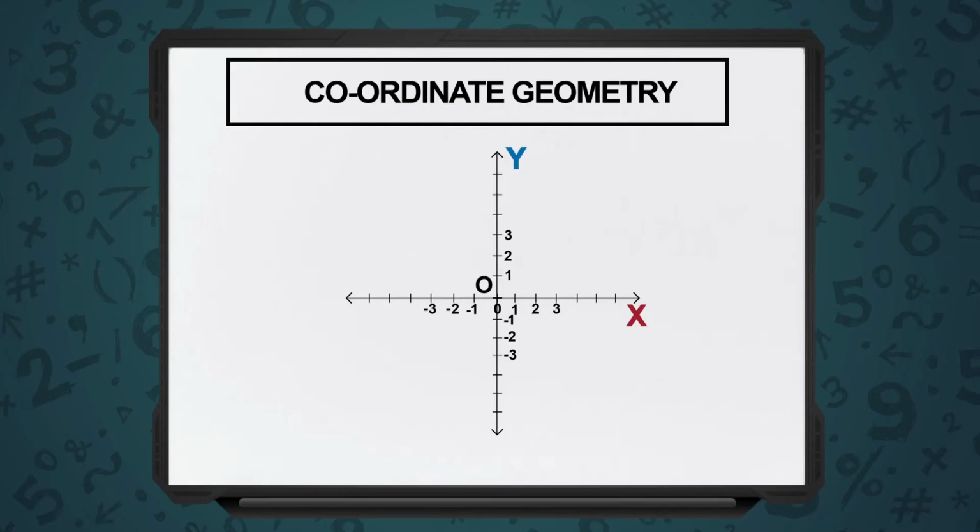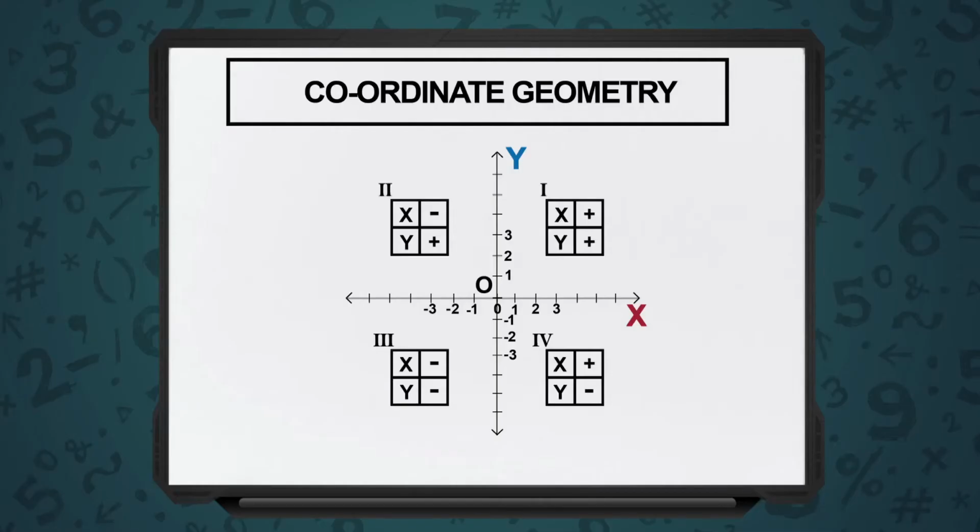Coming back to the four quadrants: in the first quadrant, you are looking at the right side of O as far as the x-axis is concerned, and above O as far as the y coordinate is concerned. So in the first quadrant, both the x and y coordinates are positive.